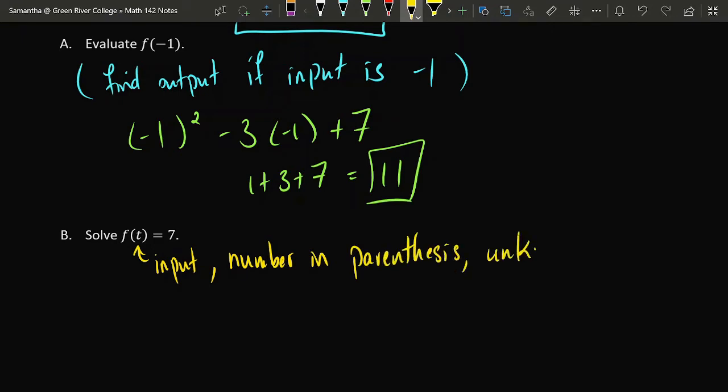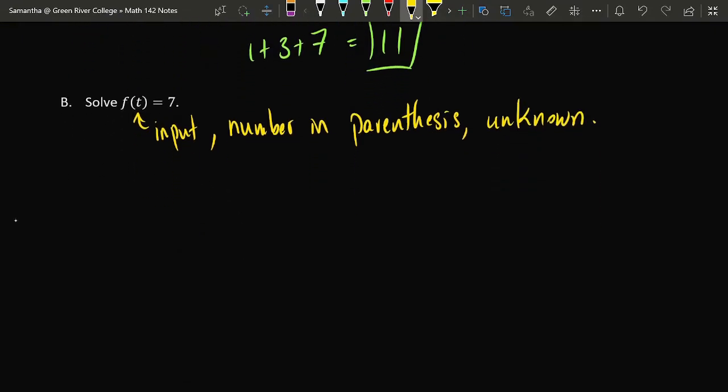That's what we're trying to figure out. By setting the entire quantity, the entire f of t, equal to 7, what they're saying is that the output must be 7. And they want to know what inputs would result in an output of 7.